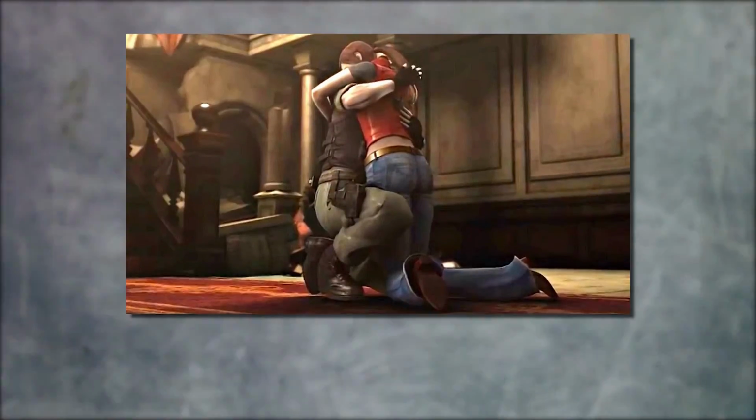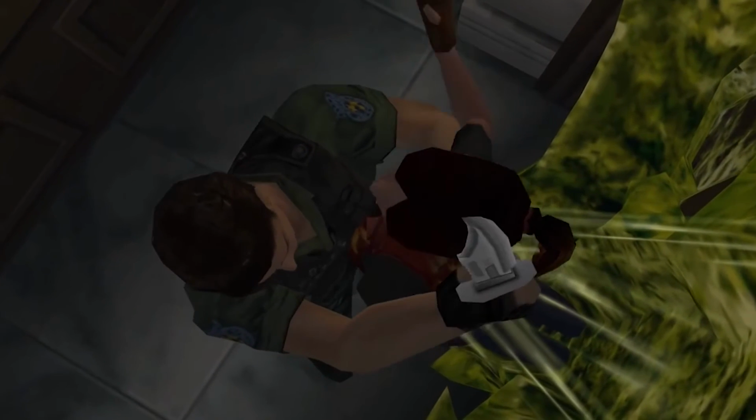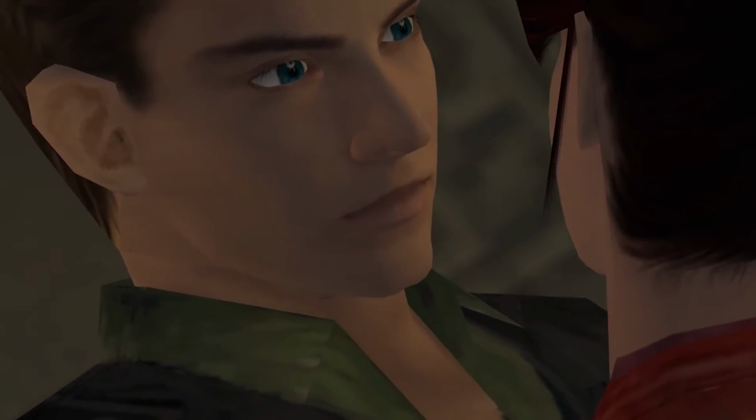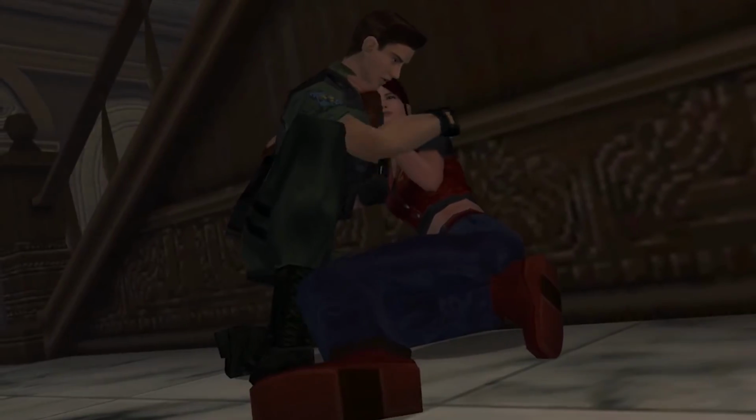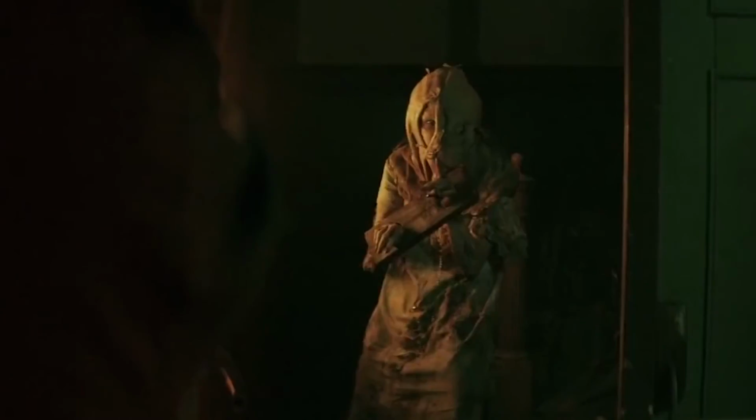Next, Chris and Claire's relationship. Chris and Claire Redfield have a solid sibling relationship in the original video games, with Claire initially heading to Raccoon City to investigate Chris's absence after his telegraphed probe into Umbrella. However, in Resident Evil Welcome to Raccoon City, the film emphasizes a lack of understanding between the siblings, constructing a new history for them in which Claire abandons Chris as a youngster at Raccoon Orphanage.